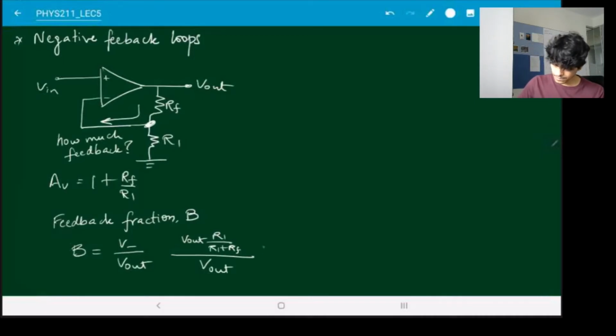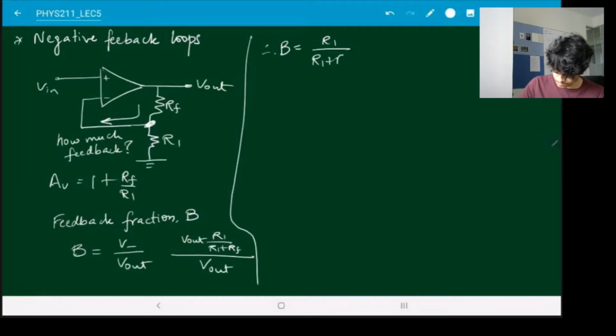So this is R1 over R1 plus RF. And the voltage gain is R1 plus RF over R1.